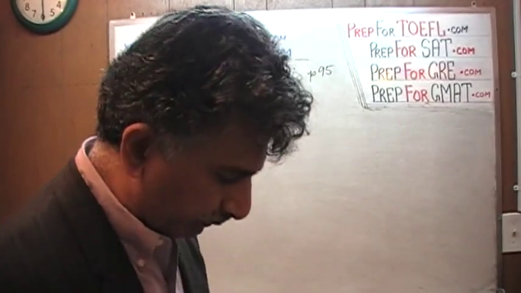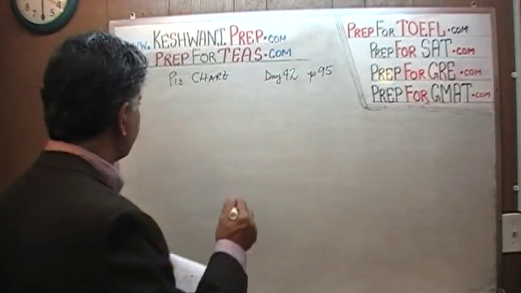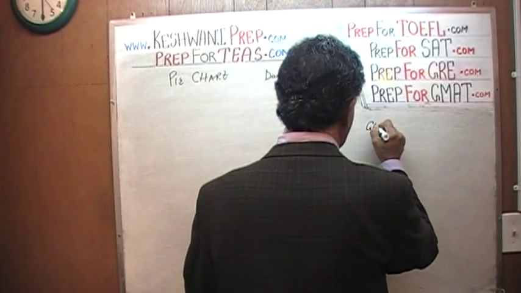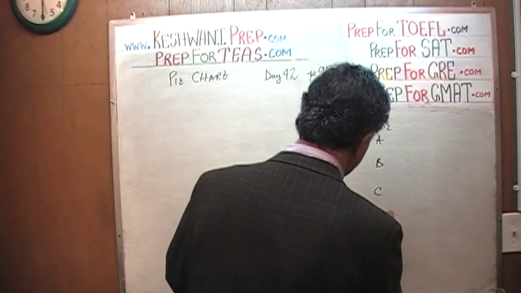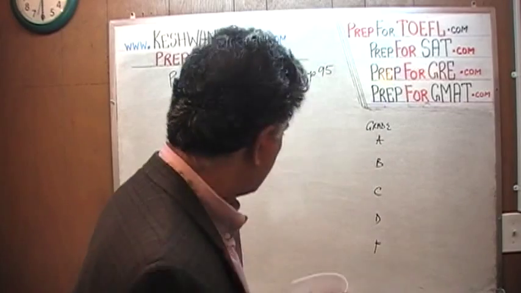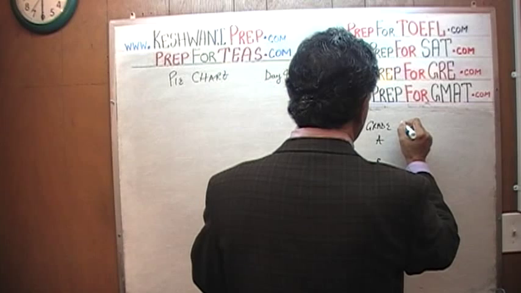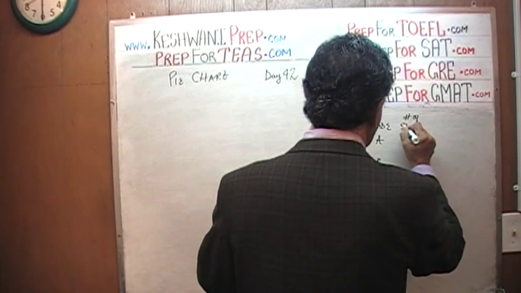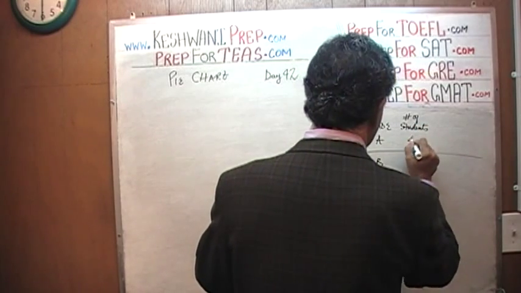So here's our problem. We know how many students received each grade. Here are the grades. Where should we put them? Let's put them here. The grades A, B, C, D, and F. And the number of students who received A is 4.